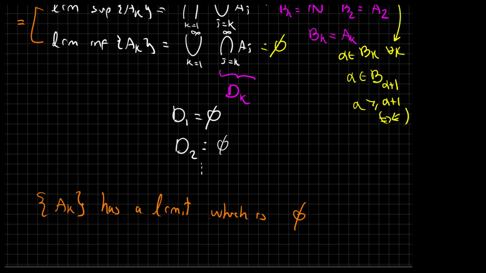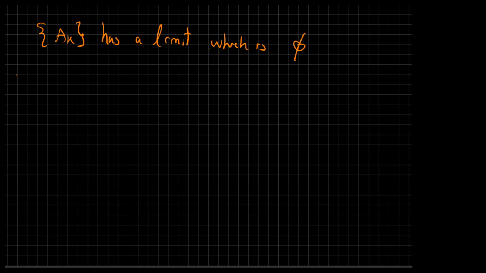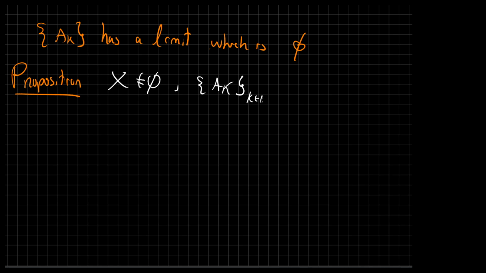Now we go with a proposition. So let's say we have a set and some family of subsets. Here we will now prove two important properties.